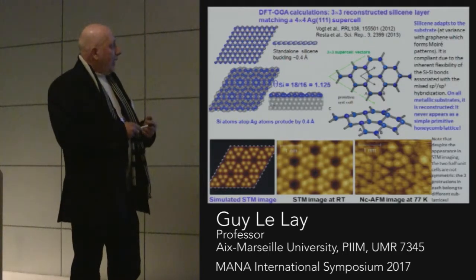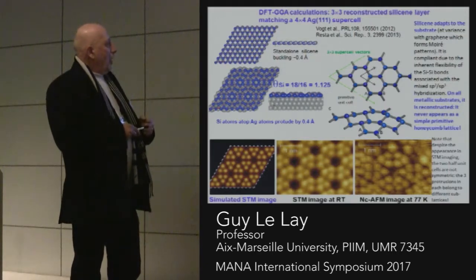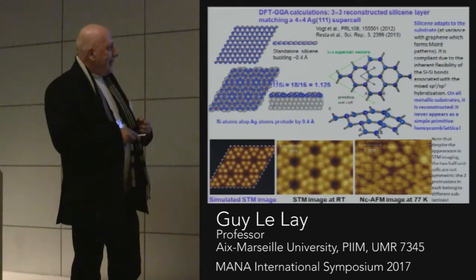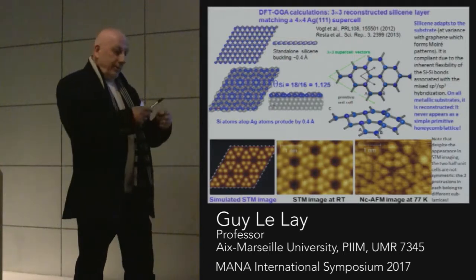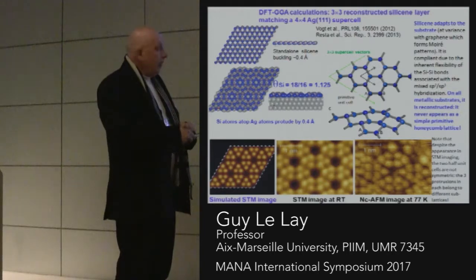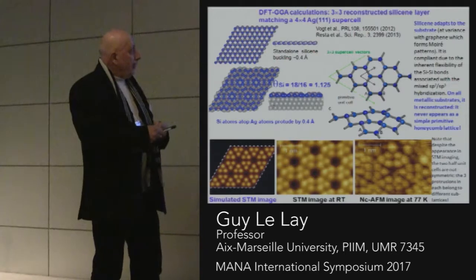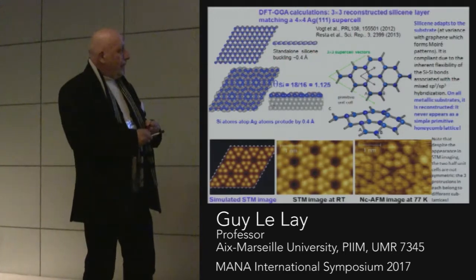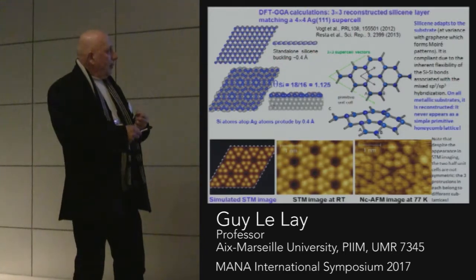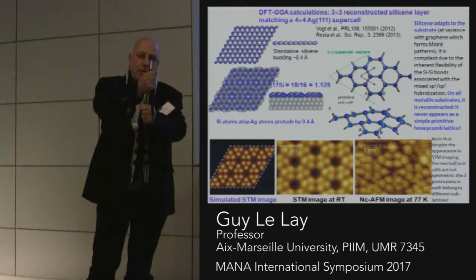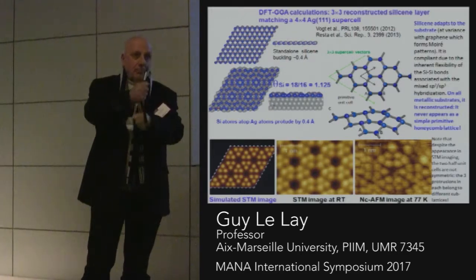And this is the calculated minimum energy structure, and this is the simulated STM image. And why do we have this nice flower pattern? Because in STM imaging or in non-contact AFM imaging, we just image the silicon atoms within the honeycomb structure that protrude a bit. And those atoms that protrude a bit are those that nearly sit right on top of a silver atom.